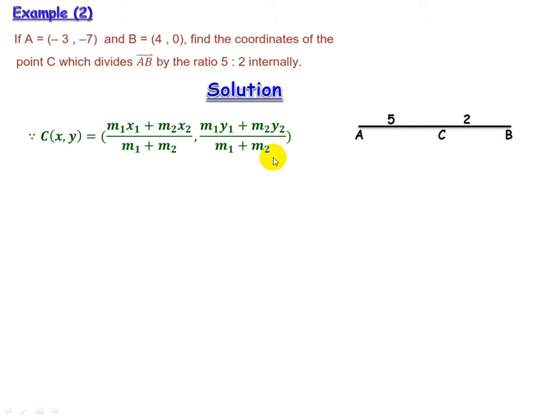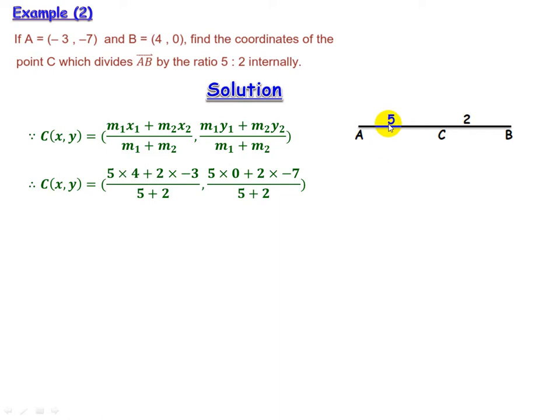Using the rule of Cartesian form, m1x1 plus m2x2 over m1 plus m2, m1y1 plus m2y2 over m1 plus m2 to find the point C. So 5 times 4 plus 2 times -3 over 5 plus 2, comma 5 times 0 plus 2 times -7 over 5 plus 2. So at the end, C equals (2, -2). This is the point which divides the line segment AB internally by the ratio 5 to 2.